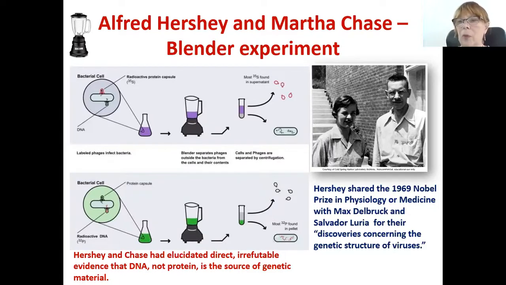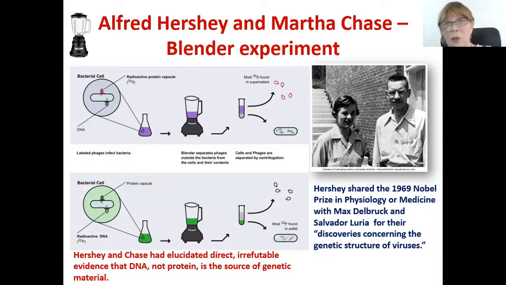And phosphorus, you know, is in the structure of DNA, and when they performed the same experiment, they found out that bacteriophages really, indeed, entered into the bacteria, and the bacteria contained this radioactive phosphorus.